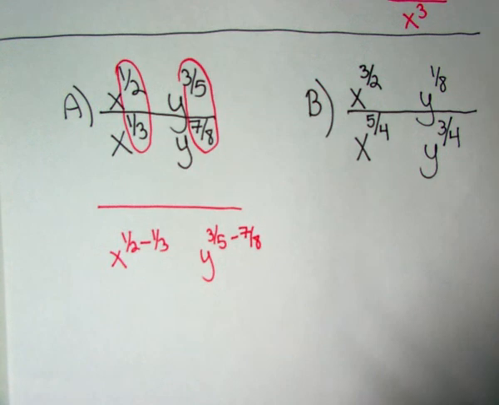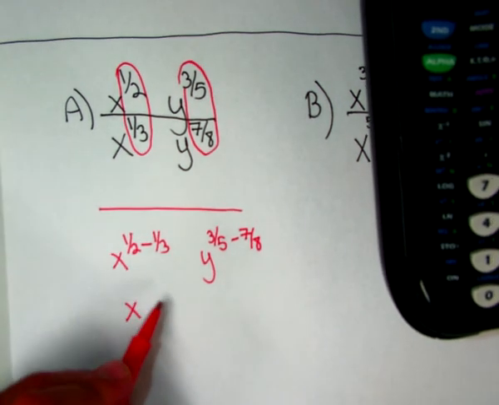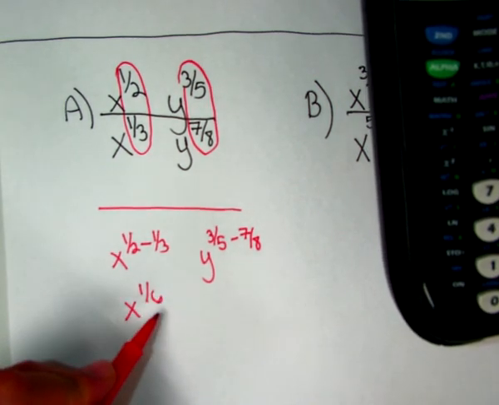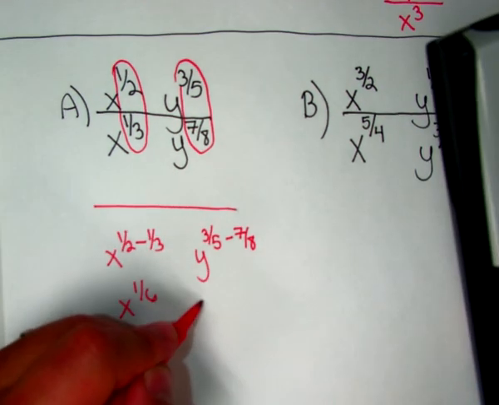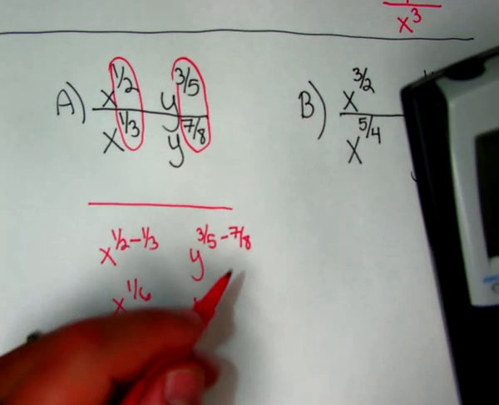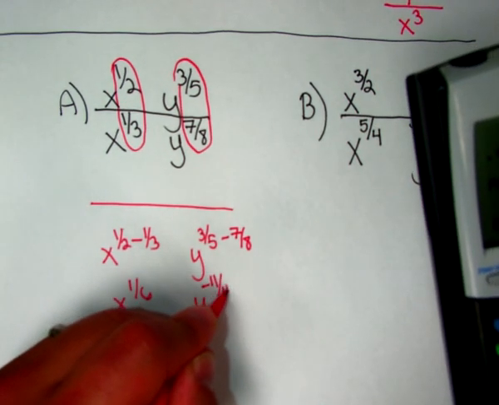Okay? You can use your calculator or you can just do it by hand. But the first one, when we subtract it, we get x to the 1/6. For the second one, when we subtract it, we get y to the negative 11 over 40.